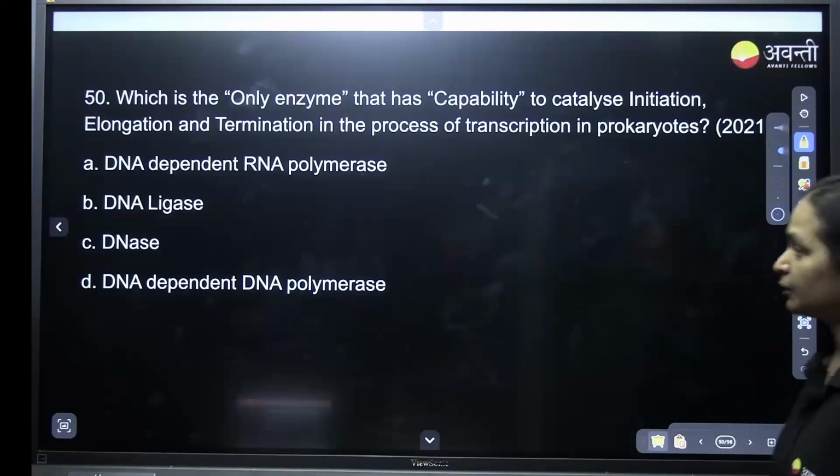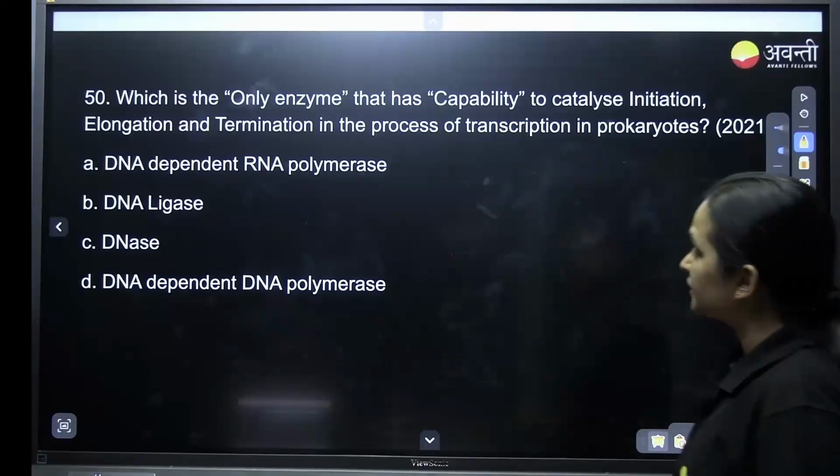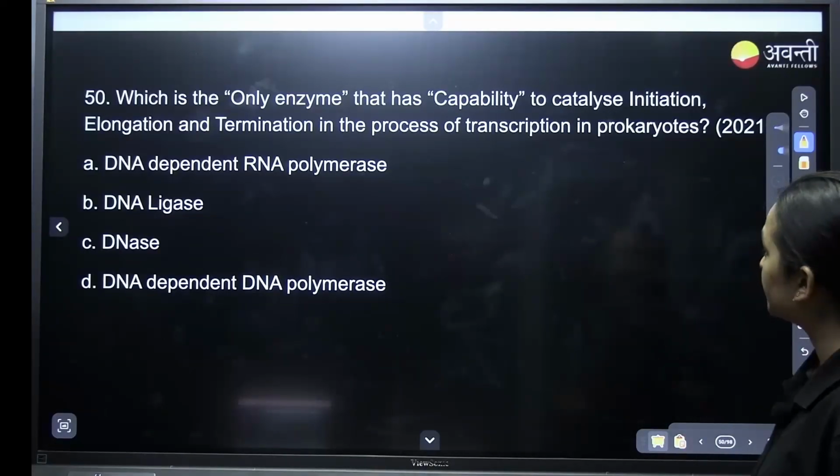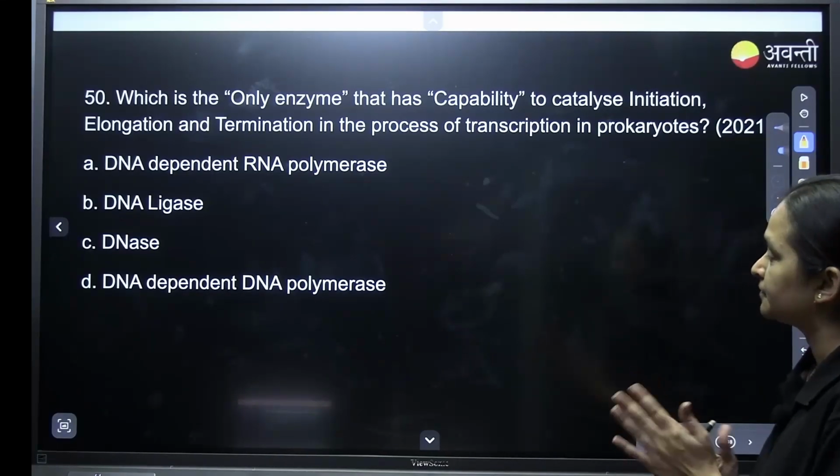First statement. Which is the one enzyme that has capability to catalyze initiation, elongation and termination in the process of transcription in prokaryotes?